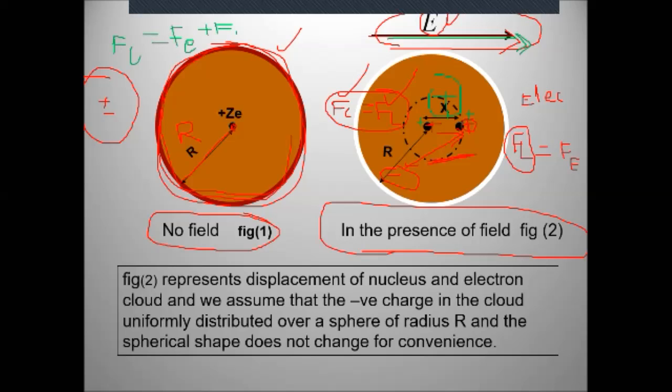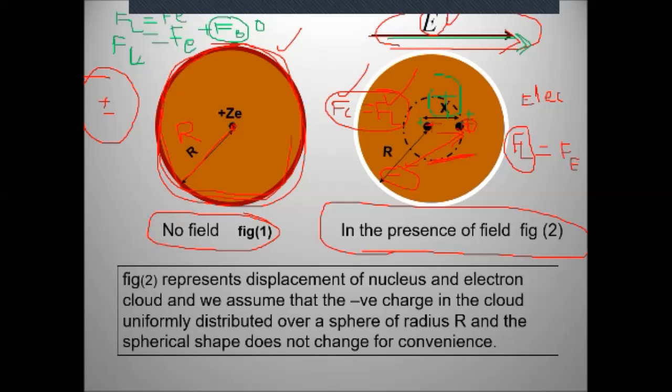Fb means magnetic force, Fe means electric force, FL means Lorentz force. Now Fb is 0 because there is no magnetic force. So FL is nothing but Fe.